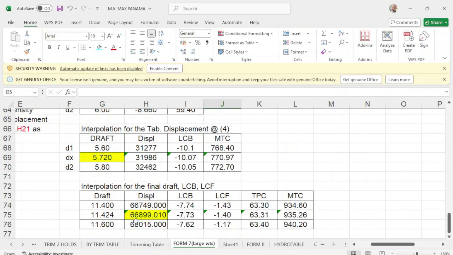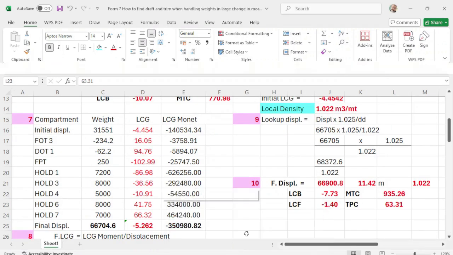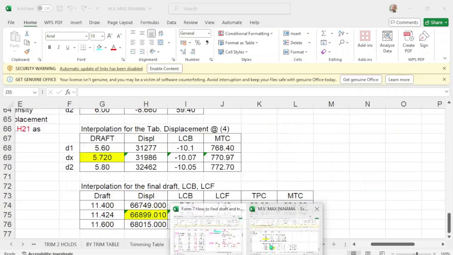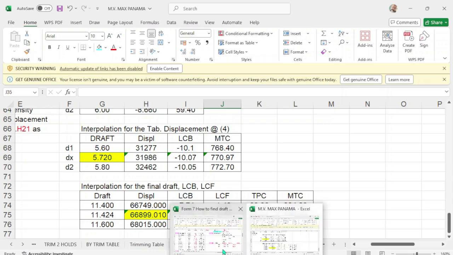And the displacement is 66899. I get displacement 66,900, so I round up to 900, but we have the same drop here, doesn't matter.